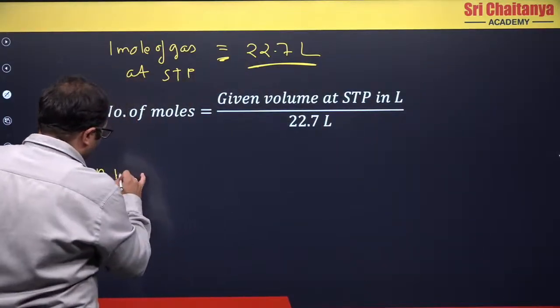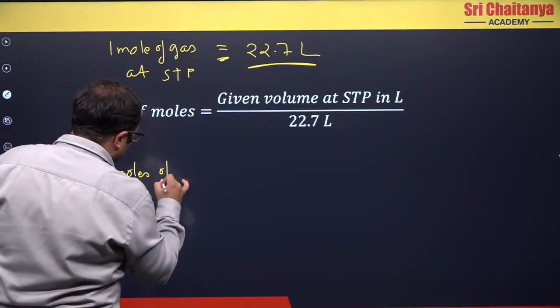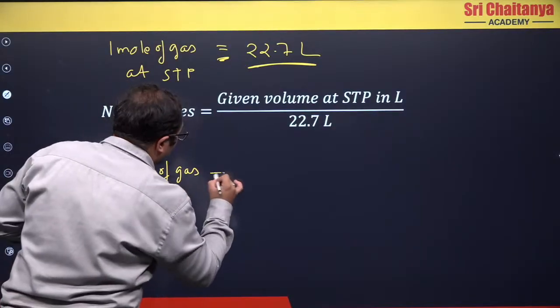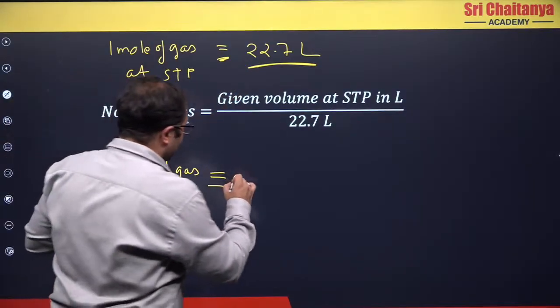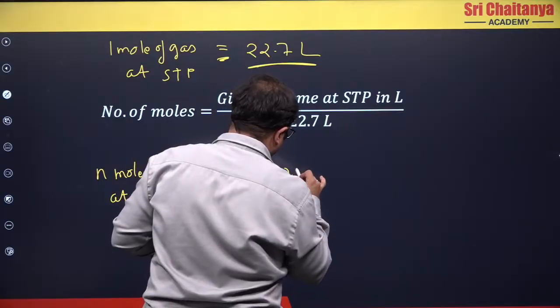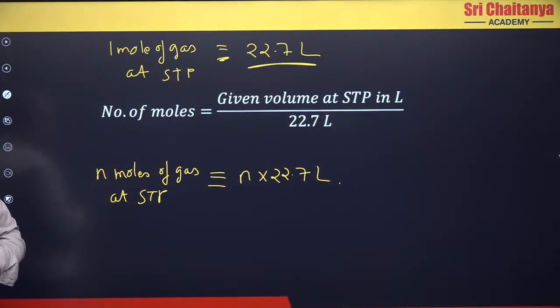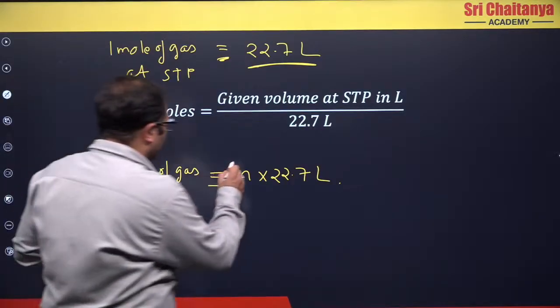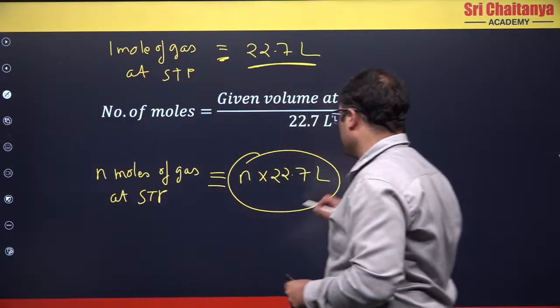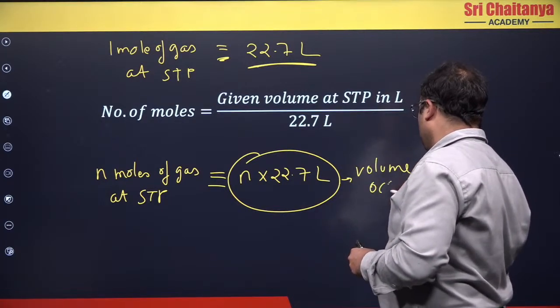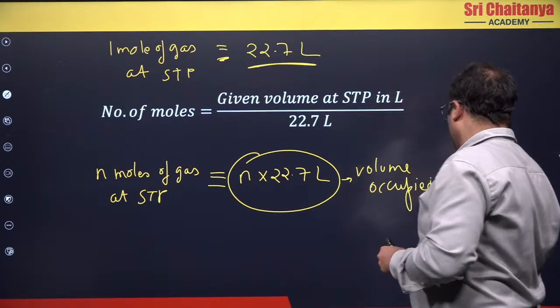So you have n moles of gas at STP, and here also multiplied by n. So this is the volume occupied by gas.